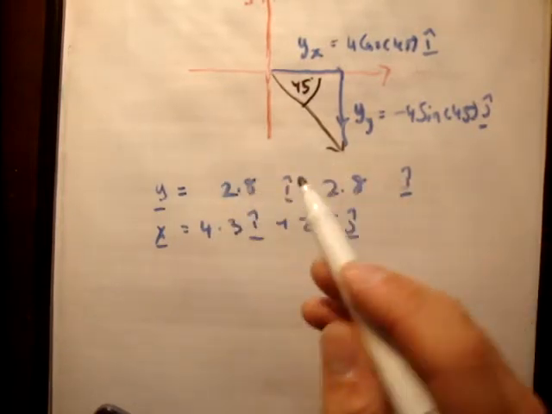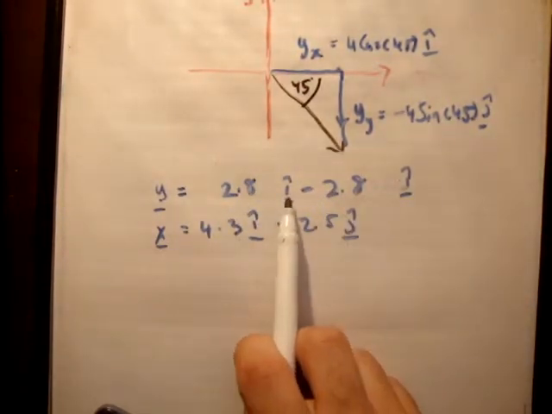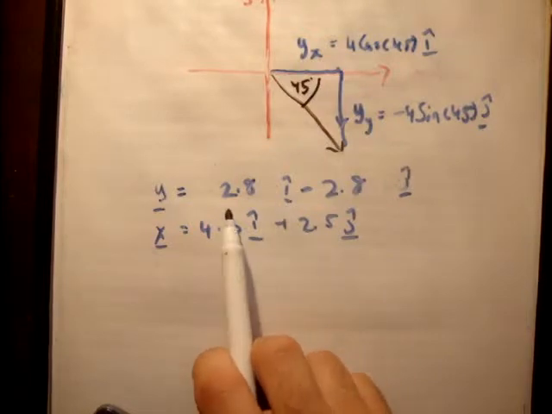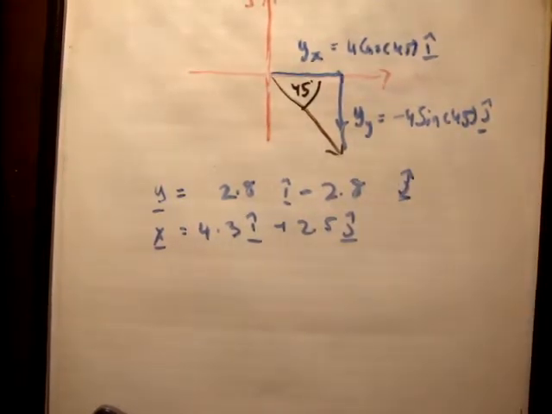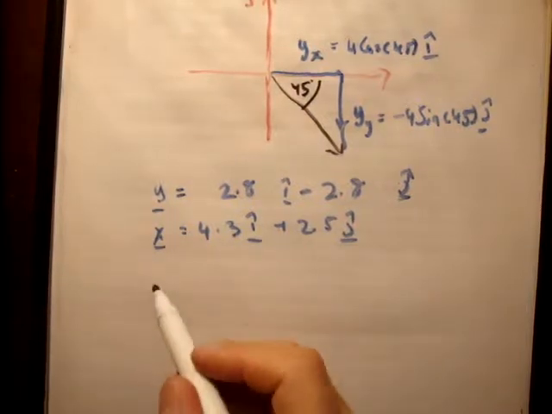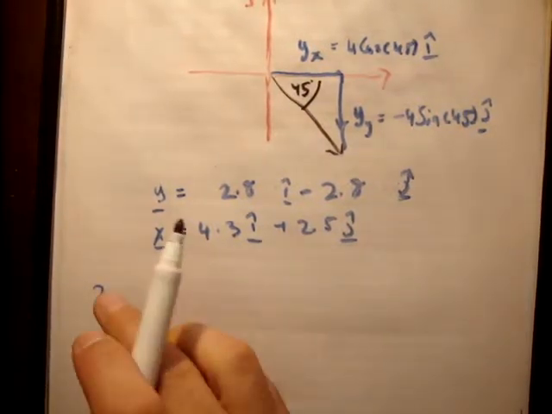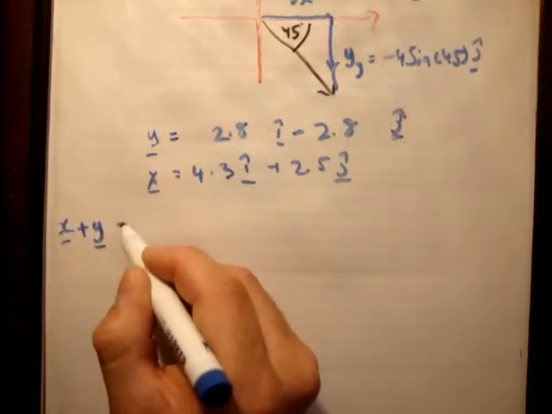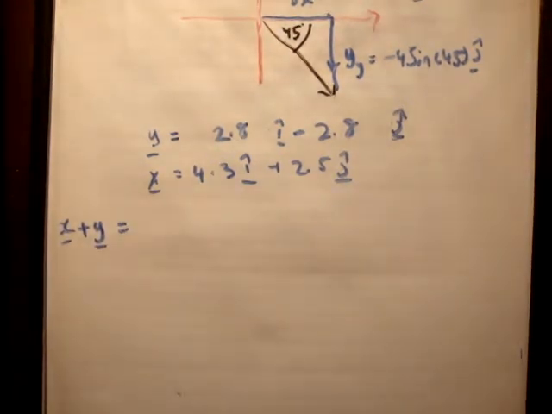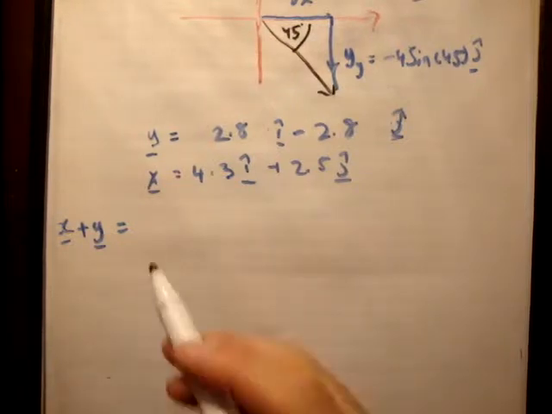Now that, by the way, of course doesn't add to 0, because look, they're in different directions. This is in the i hat direction, this is in the j. So you can't just add them or subtract them. What you can do is add or subtract things that are facing the same direction. So in this case what we have is the vector x plus y is equal to, you add everything in the i hat direction and you add everything in the j hat direction.